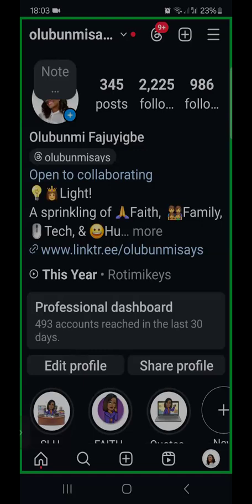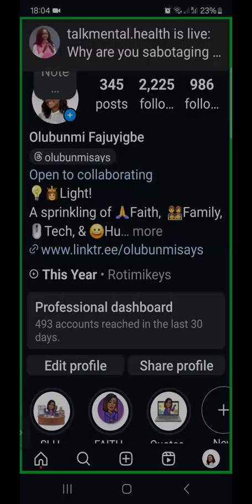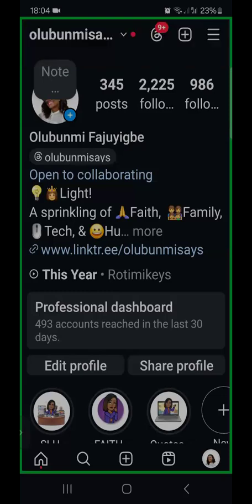Now, before I go into analyzing the analytics itself, I'd like to say that the first thing you need to do if you want to have access to analytics on Instagram is to change your profile type from personal to business or creator.